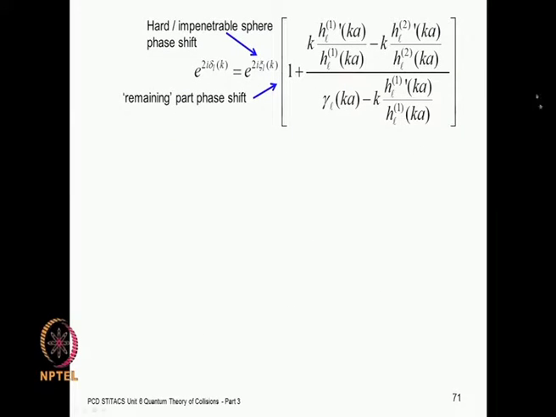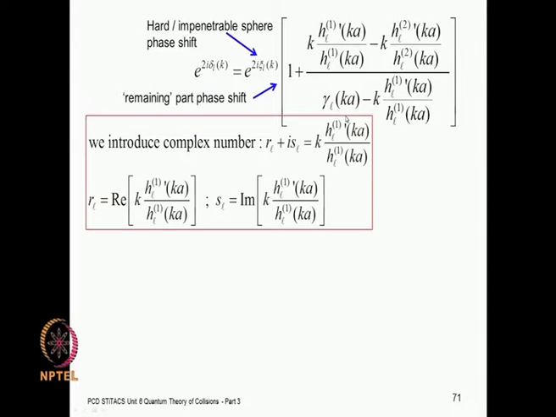So, 2i xi is one part of 2i delta, so xi is one part of delta, and then there is another part which is dependent on all the collision details of the real potential, and the primary reason of course is this logarithmic derivative which appears in this term.